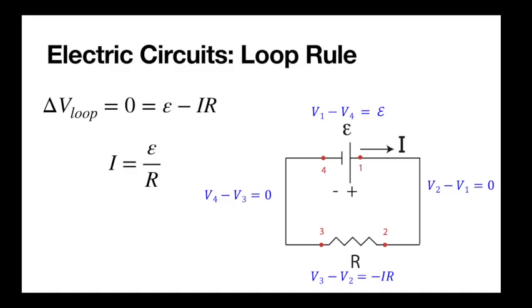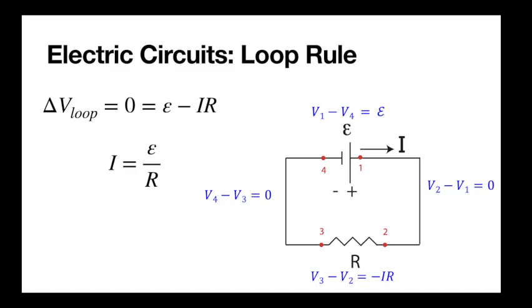So the loop rule shows us that in order to start at one point, get back to that point, and have no change, the amount of voltage lost across the resistor, the voltage drop across the resistor, is exactly equal to the voltage gain from the battery. Right?